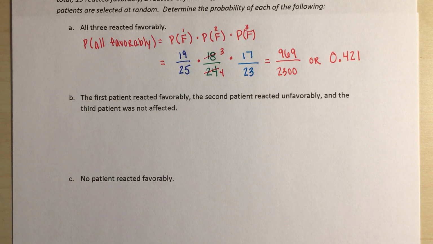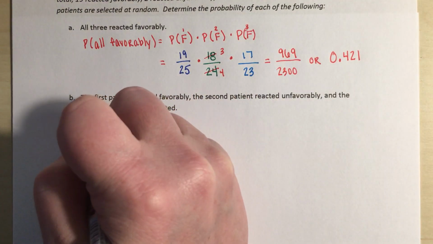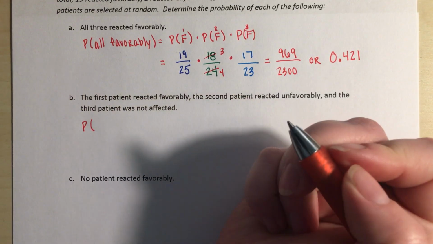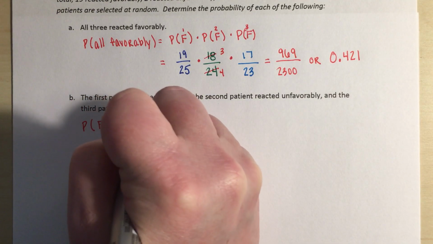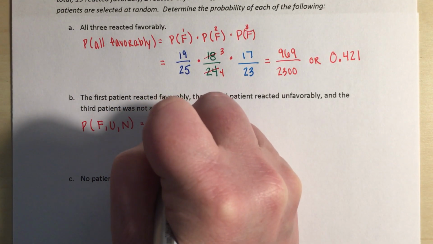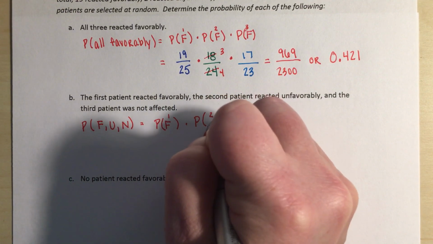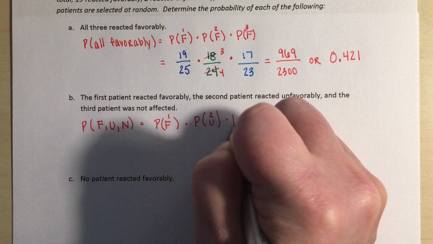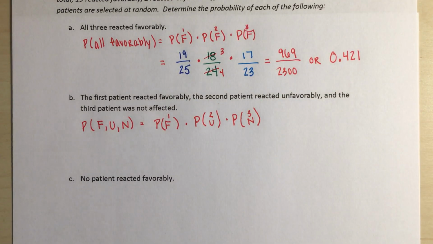Right, the first patient reacted favorably, the second patient reacted unfavorably, and the third patient was not affected. So we are looking at favorably, unfavorably, not affected. First person is favorable, person 2 is unfavorable, person 3 is not affected.